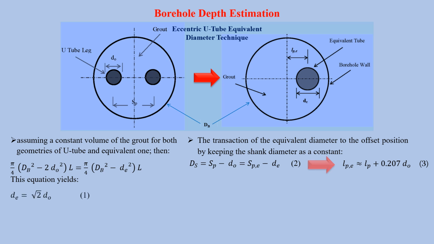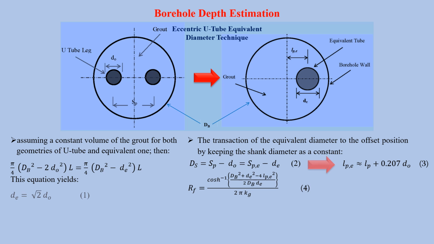And L sub PE represents the distance between the center of the equivalent diameter and the center of the borehole. In that case, we will get an offset or eccentric cylinder in the outer one.